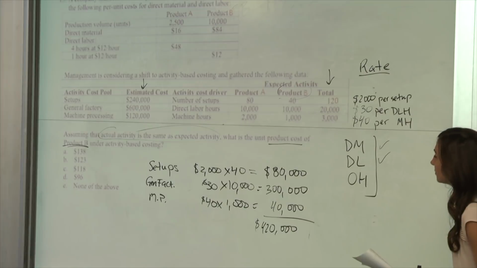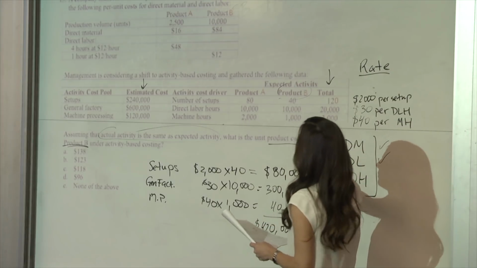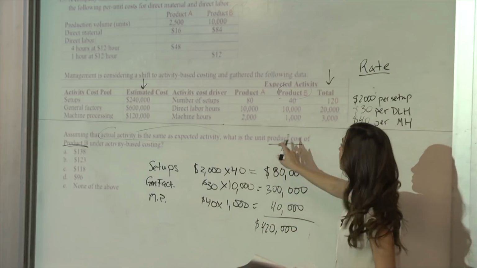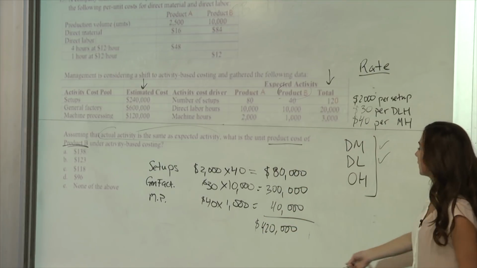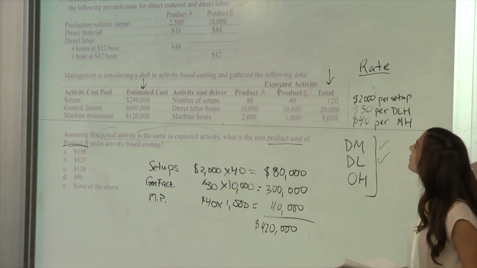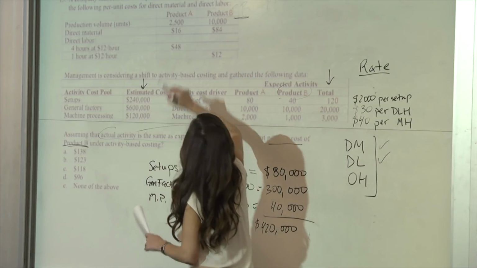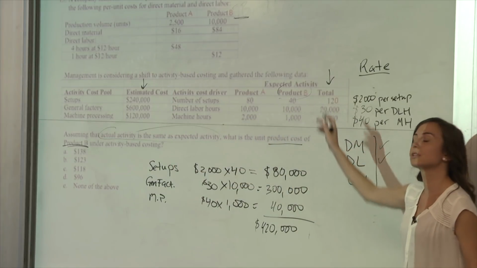So we want specifically a unit product cost at the end, right? So that's what we're trying to get to. So let's express this in terms of units. We know that for product B, there are 10,000 units produced.